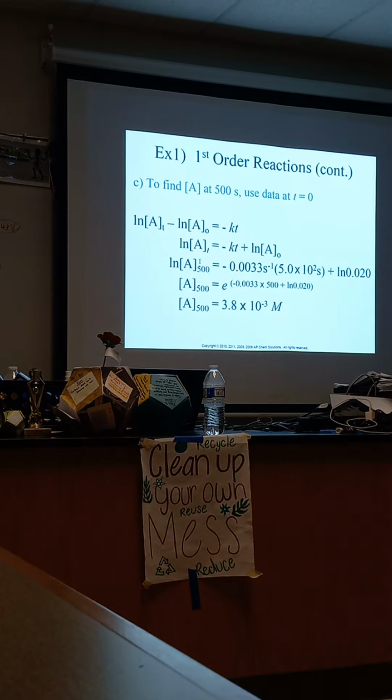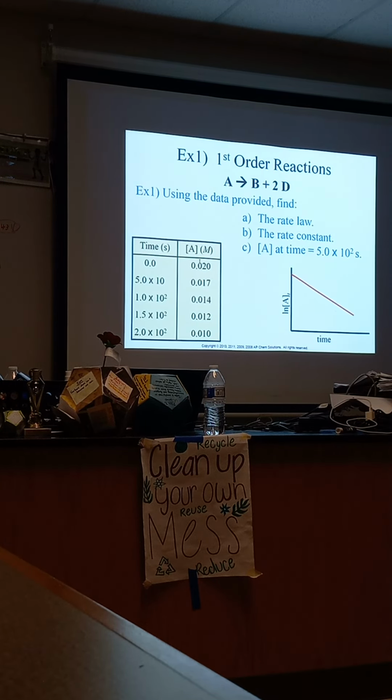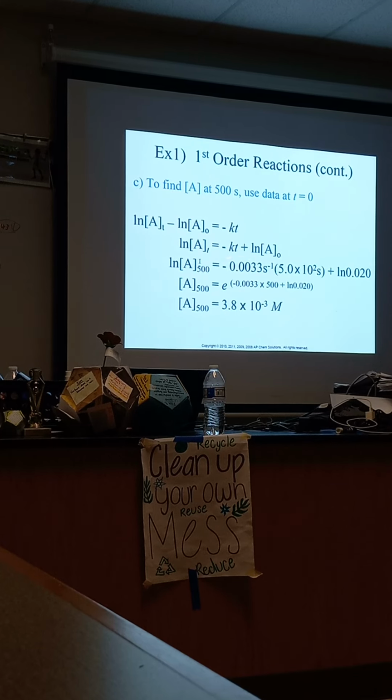Can you go back to the chart? Talking about the 0.020? Yeah, that's because we need time as 0 as the initial, and then I got the ln of 0.020, but then you have to add all this stuff up together and multiply, and then e to that power.